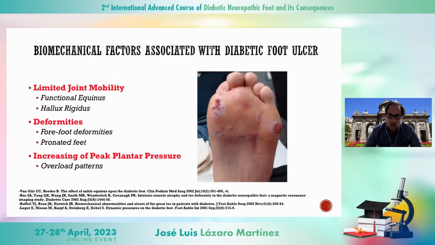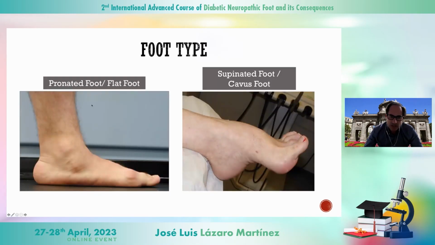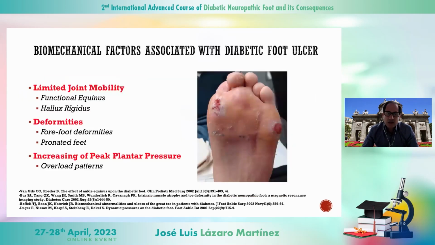When we go to the publications, the most prevalent foot that you can find in your office is the pronated foot, the flat foot. Why? Because the deformity is not caused by the neuropathy. The neuropathy is an aggravating factor for the seriousness of the disease, but it's not the etiology itself. And this is very important.